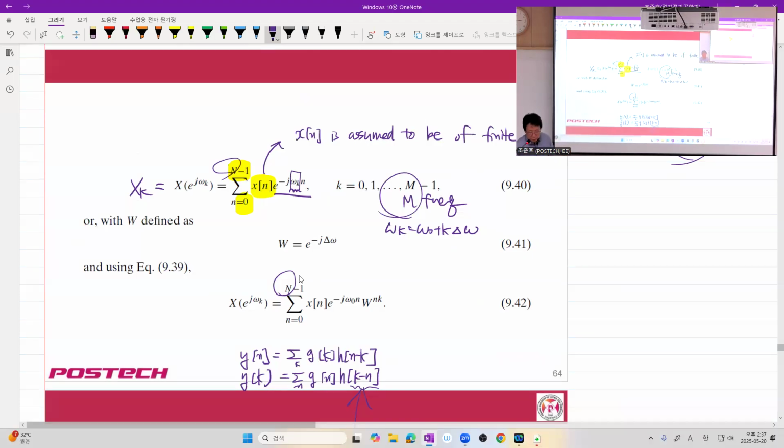Now they compare these two. As I told you, usually we love n like this, right? So this is the convolution of G and H discrete time signals. But they start from K, so let's consider this one.